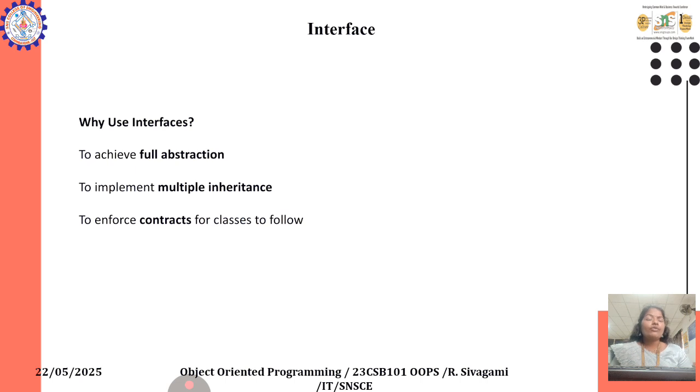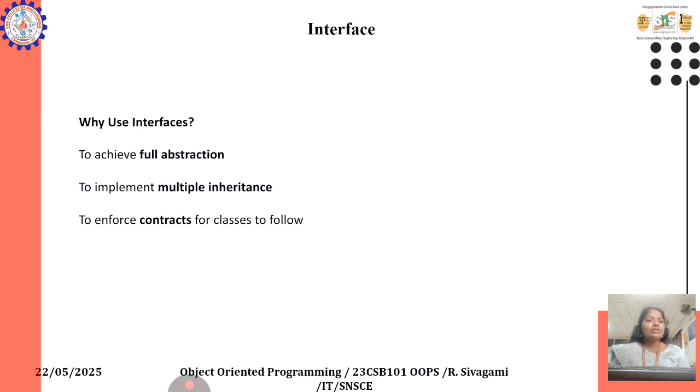The next important thing is why we use the interface. We should know the uses of the interface. Not only interface, if we are going to implement or use any concept, we should know what the purpose is, why we are using it.